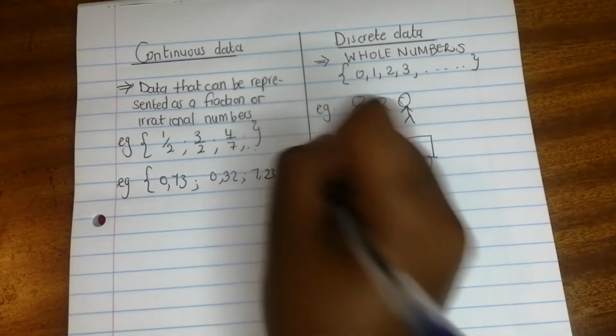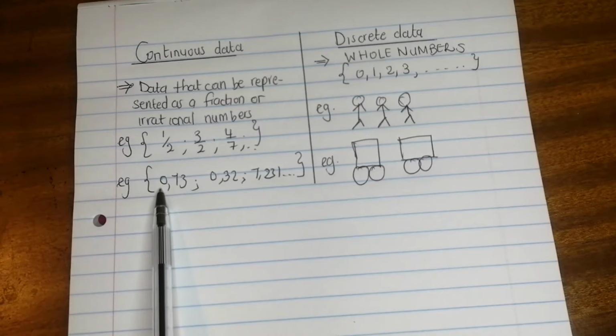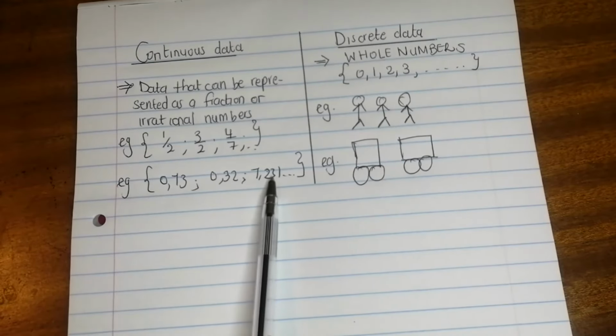You get the point. So it's any data that can be represented in this form. And like I mentioned, you cannot get 10.5 people. You get 10 people, or 100 people, or one person. So continuous data is values that can be represented like this.